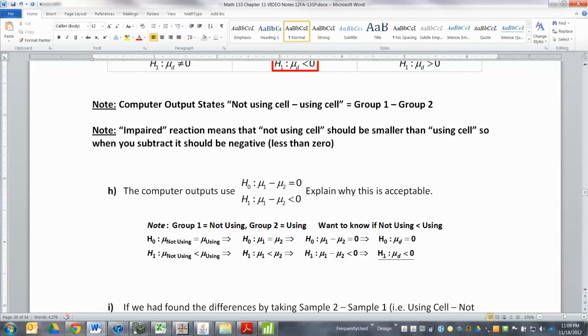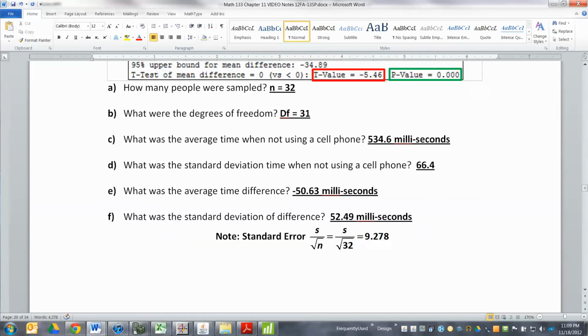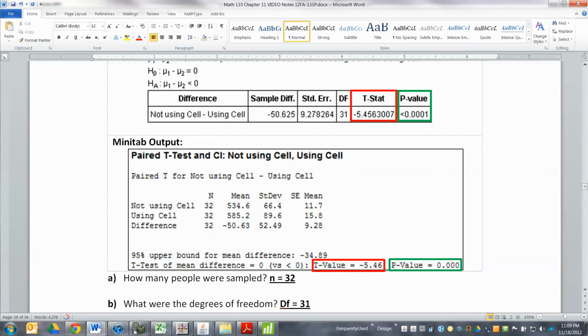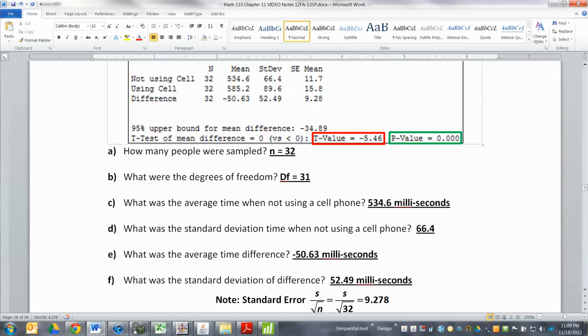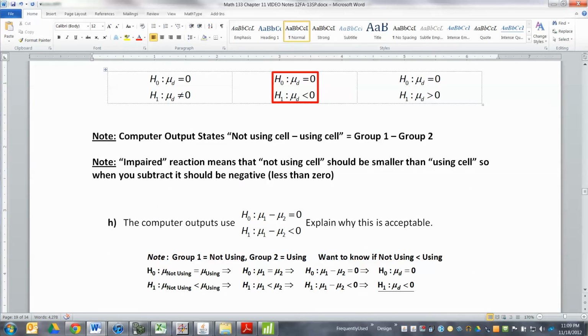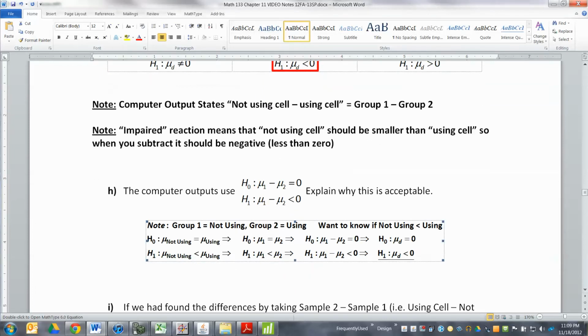And I showed you the difference part right here for part H. So the computer outputs use this. They say the difference like that. Right here, you can say difference, not using cell minus using cell. You can see the null and alternative up there, mu1 minus mu2. That's okay. It's the same thing that we're doing up here that I've boxed in red. It's just that the difference, mu d, is that subtraction. Not using should be less than using, right?